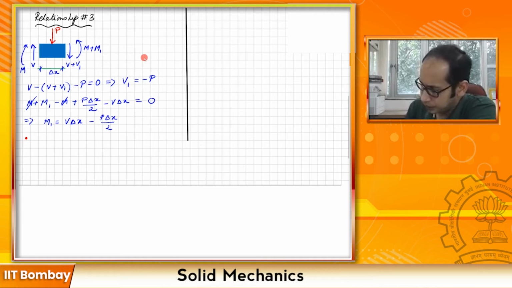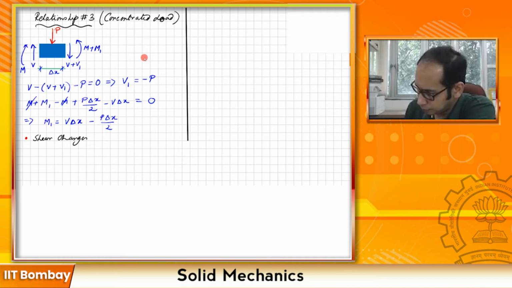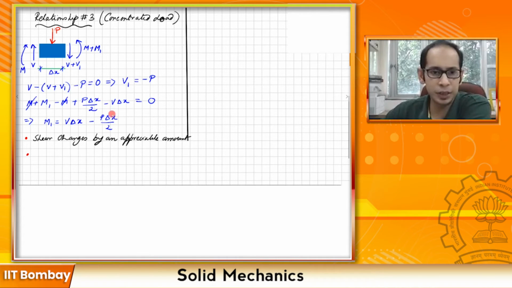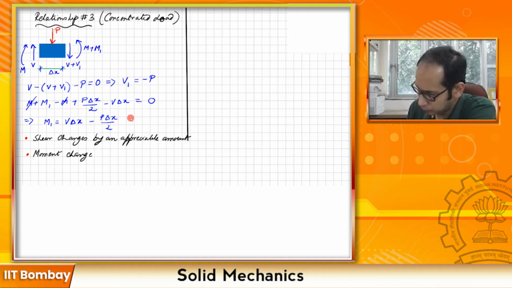So first point, in relationship 3, let's write it over here for a concentrated load: the shear changes by an appreciable amount, and the change in moment over here is negligible because it's dependent upon that small length that you have over there. So the moment change is negligible.